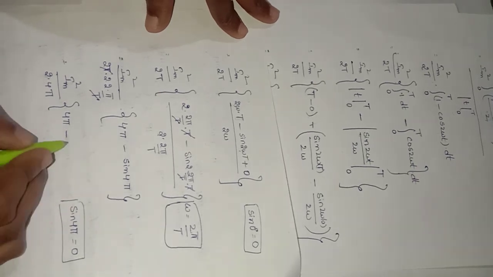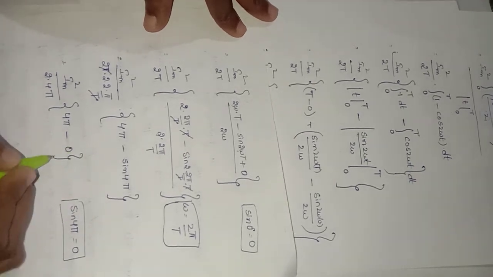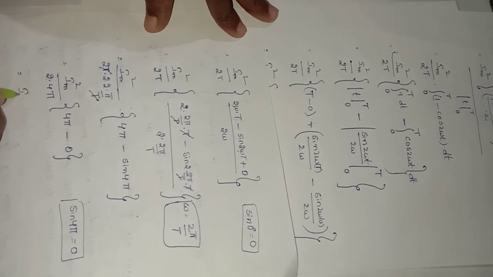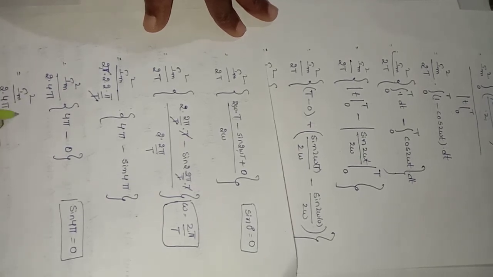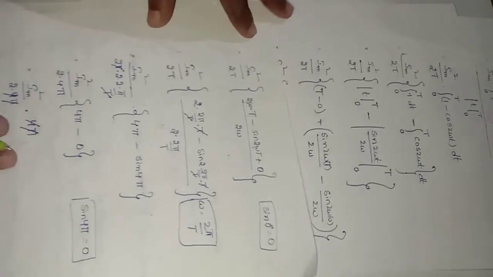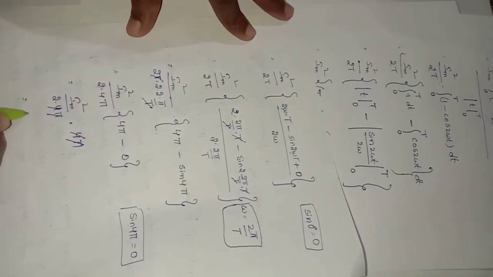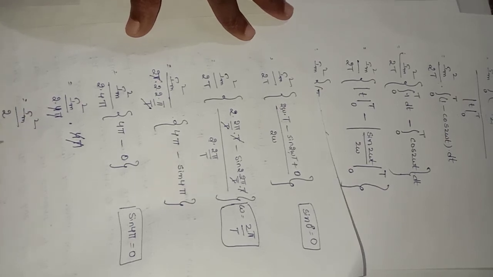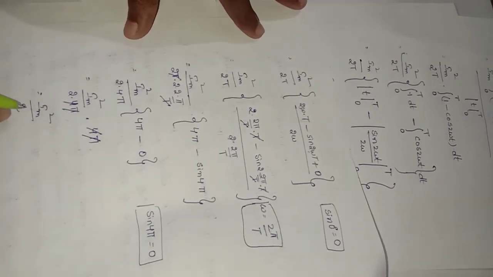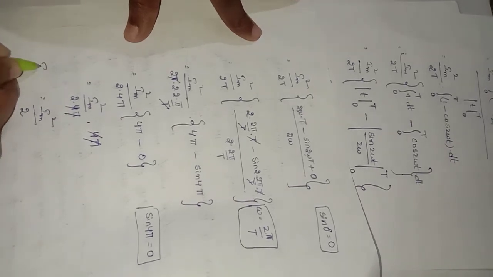We substitute that value here: 4 pi minus 0. That is equal to Im square by 2 into 4 pi into 4 pi. 4 pi gets cancelled, so it is equal to Im square by 2. What is the value it is?